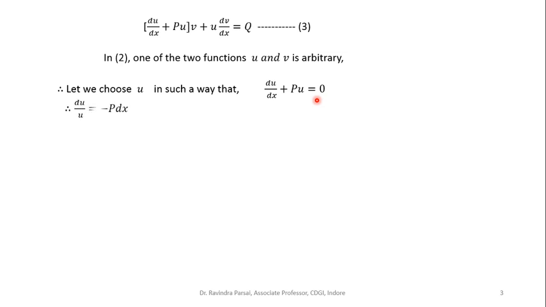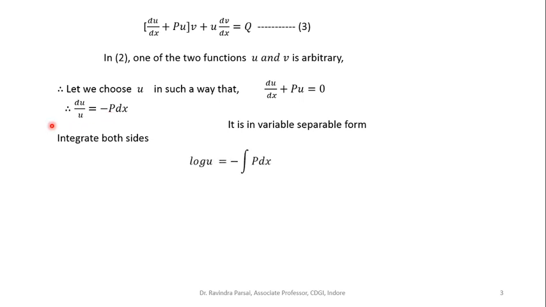That is, we now write du/dx = -P dx, because P is a function of x. So it is in variable separable form. Therefore, on integrating both sides, the left side integration is log u = -∫P dx. By taking the anti-log, you get the value of the arbitrary function as u = e^(-∫P dx).